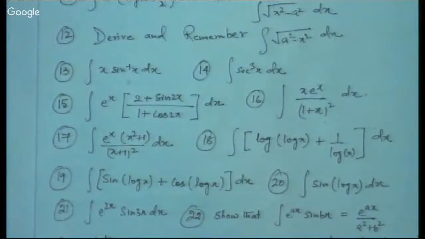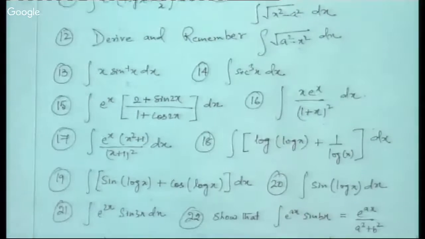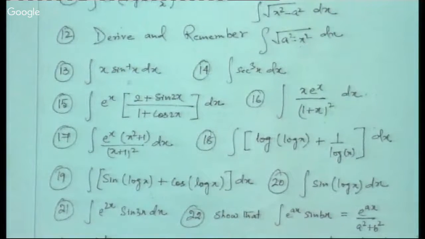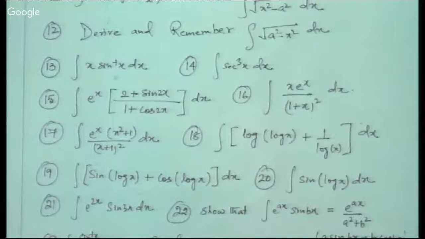Integration is all about following the method, thinking intuitively, right? Now, we have done 16, right? If you see 17th, now it is a little difficult. This question is a little difficult. (x square plus x plus 1) over (x plus 1) the whole square dx.